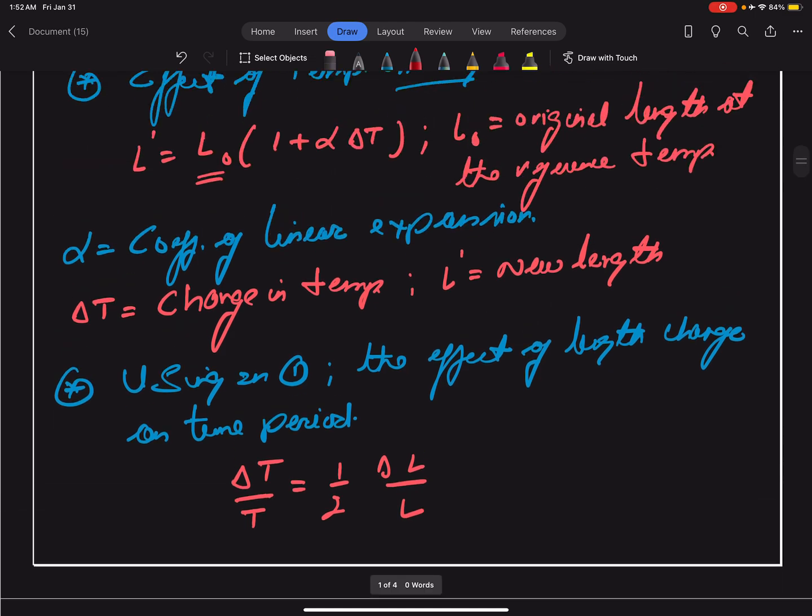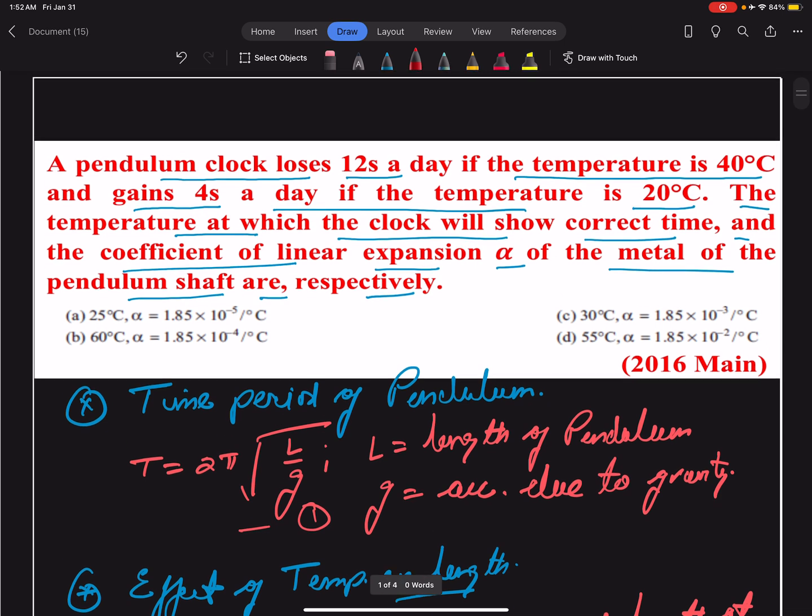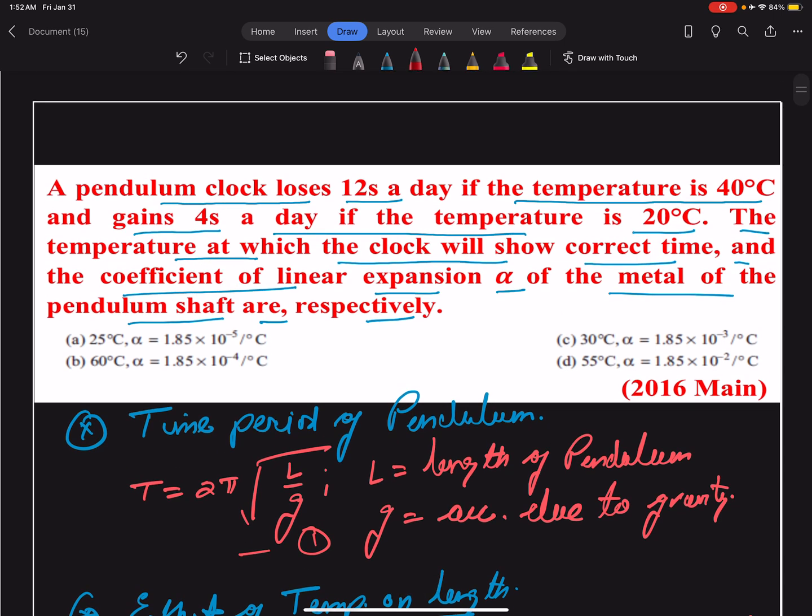And we are given the errors in the timekeeping. In the first case, it loses 12 seconds when the temperature is 40, and another day it gains 4 seconds when the temperature is 20.